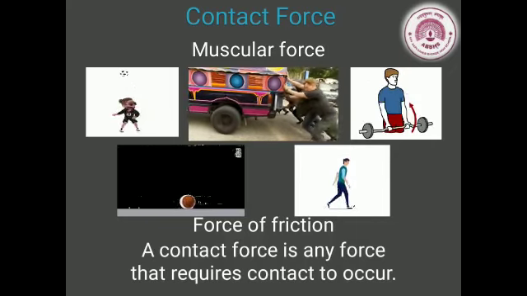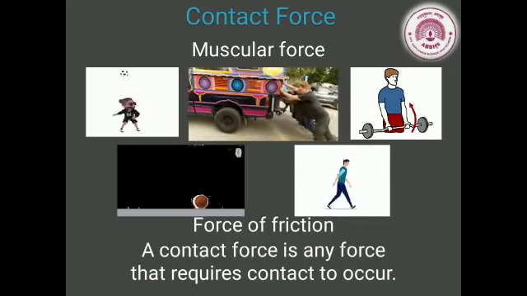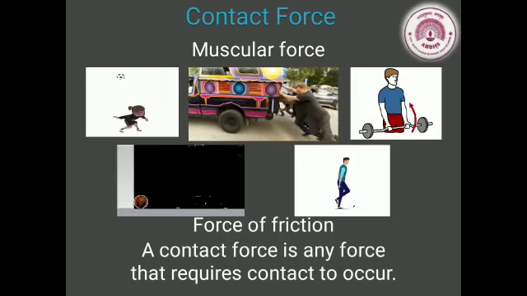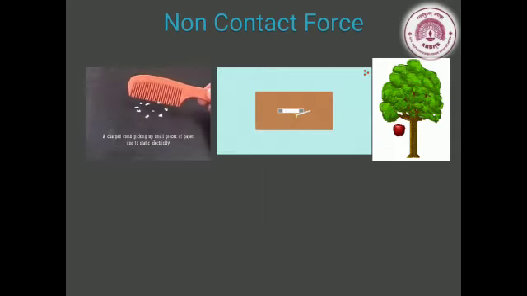But is it always necessary that the objects need to be in contact for the force to operate between them? No. See the images. When we rub a plastic comb on our hair and bring it closer to small pieces of paper, it sticks to the comb, even though the paper pieces were not in contact with the comb.